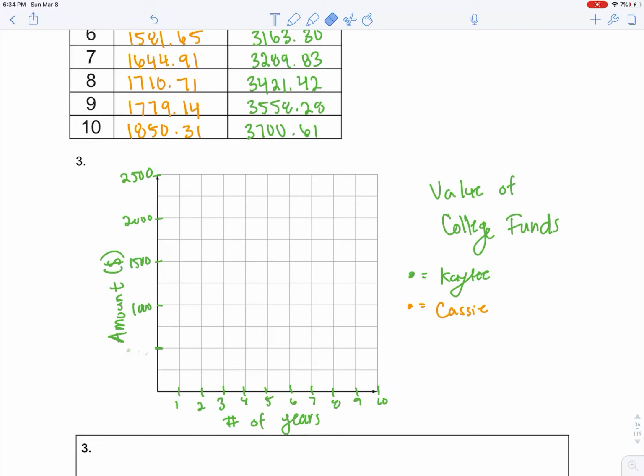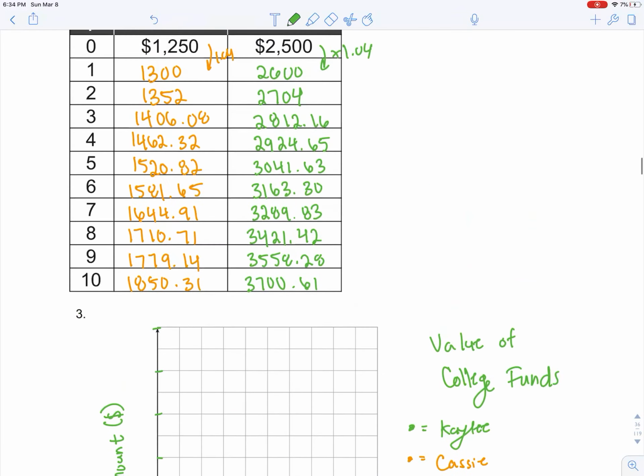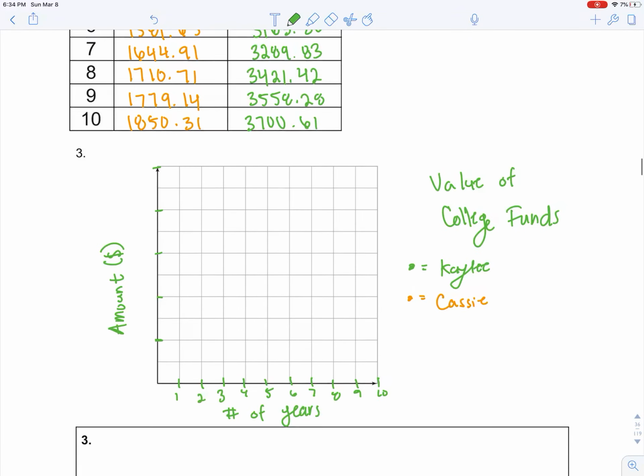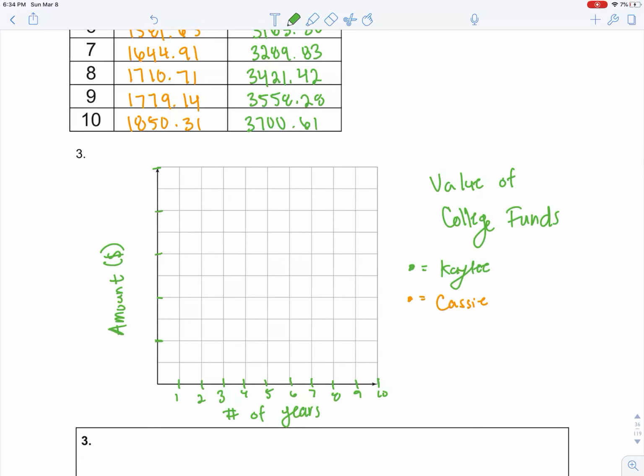Okay, so I need to start at a much higher amount here. Hold on. Okay, so I'm gonna start my graph here at 1,500 and then go up by 500, so there's 2,000. Or no, sorry, I'm going to go up by thousands.